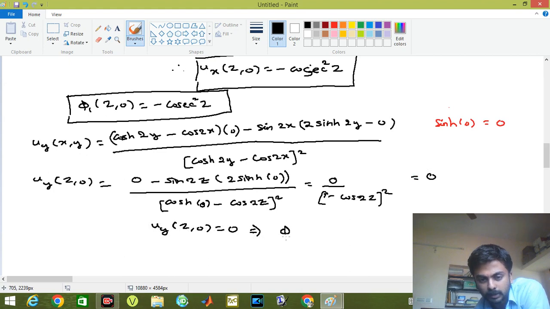It implies phi 2 of z comma 0 equal to 0.